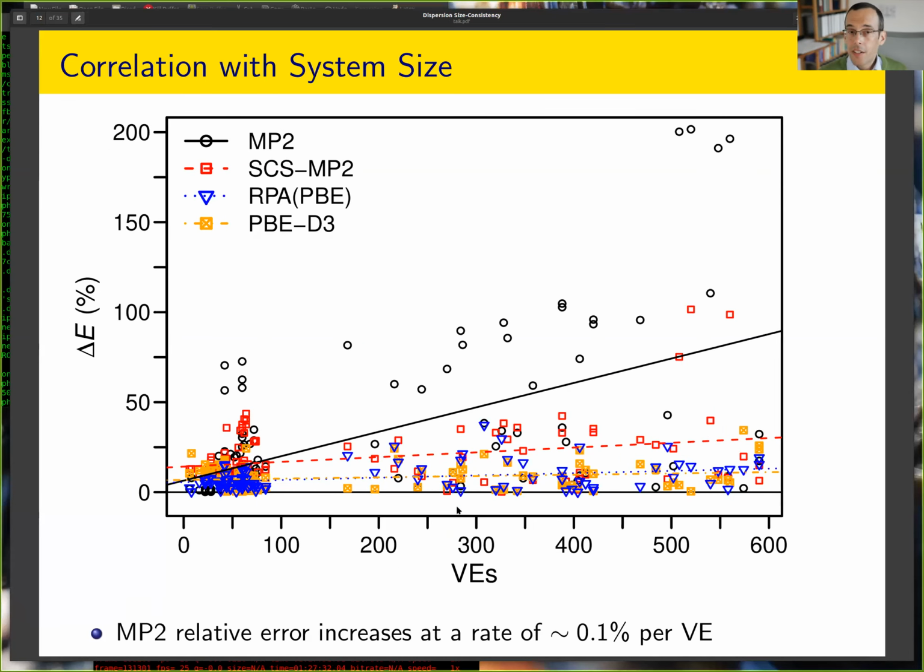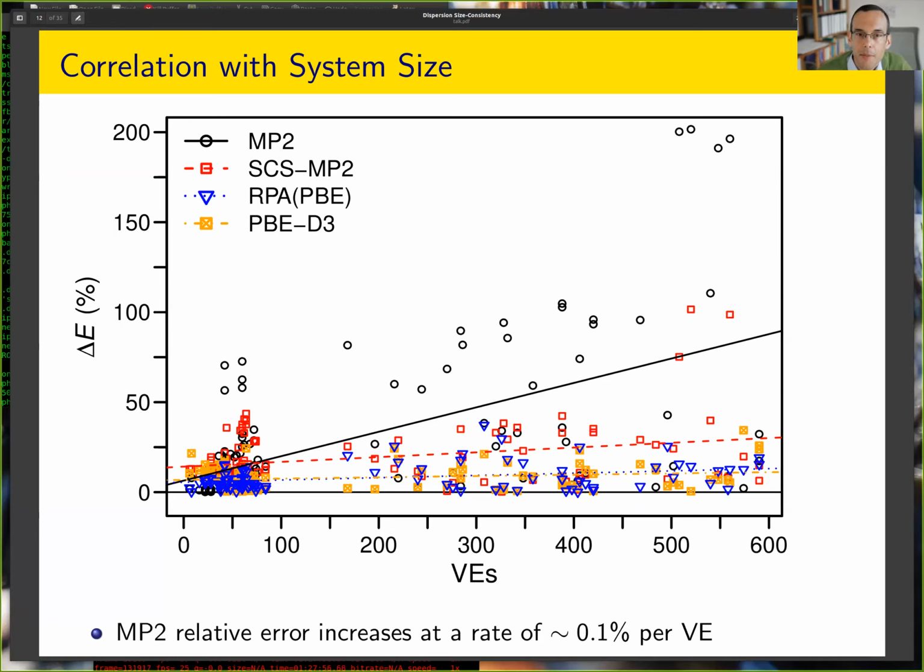And then we look at system size, and here it gets more interesting. So if you count the number of valence electrons and try to correlate it with the percentage error, this is the relative error, not the absolute error, of course, right? The percentage error, which we would always hope to be more or less constant with our quantum chemical methods.